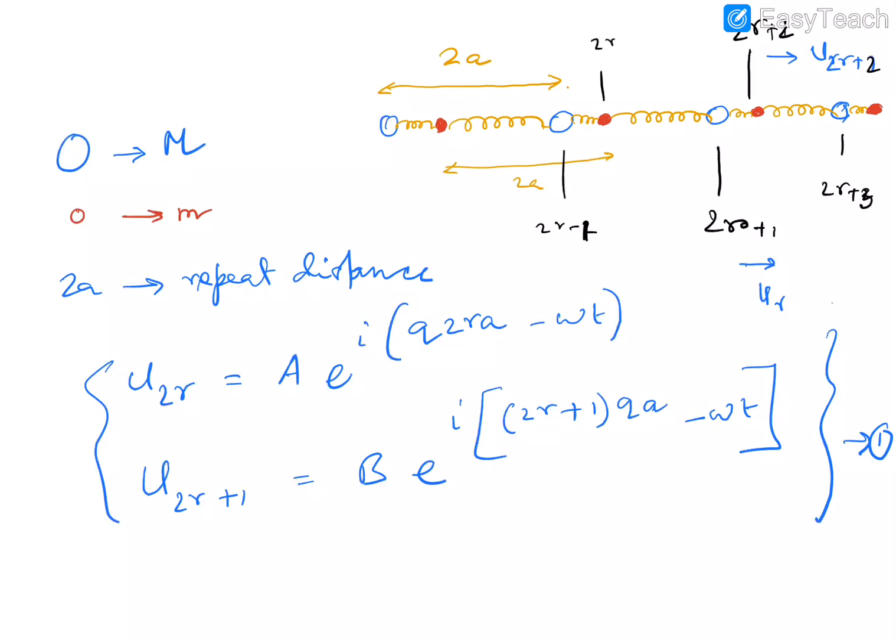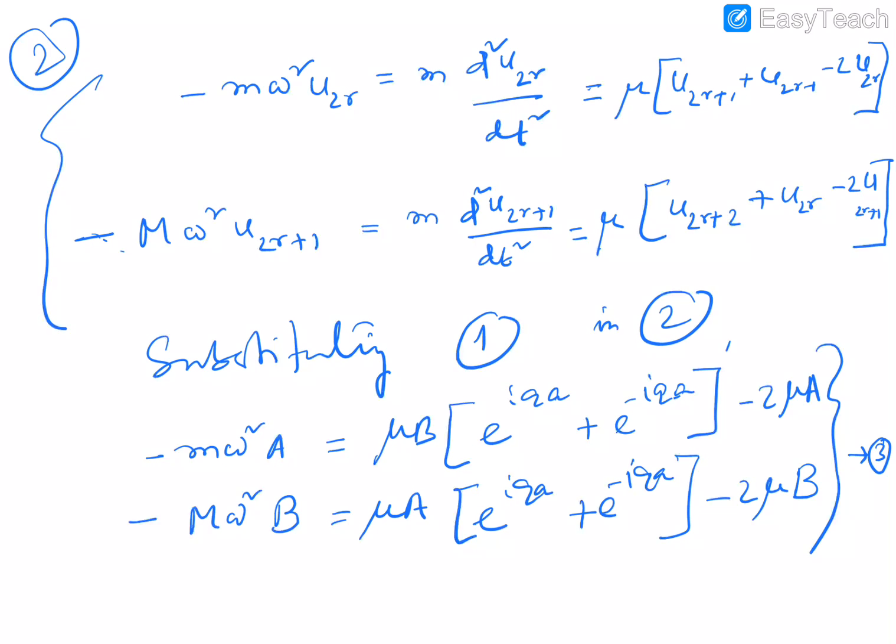This is minus 1. Okay, so nothing changes, I have just changed it. I think in this equation I have written 2r for the small mass, and 2r plus 1 for the larger mass, capital M. Okay, so this is capital M, 2r plus 1. And then substituting this u2r and u2r plus 1 from number 1, we get these equations.